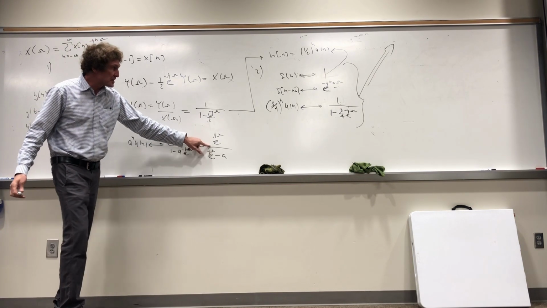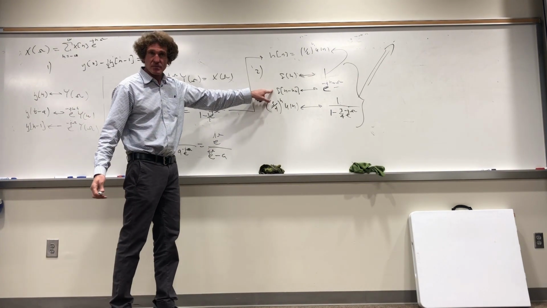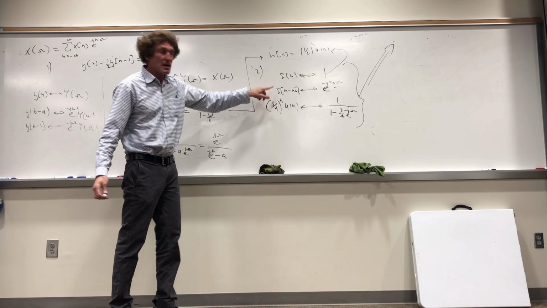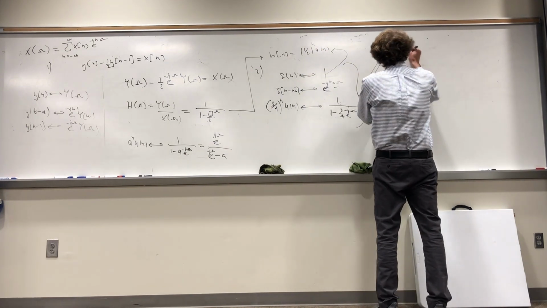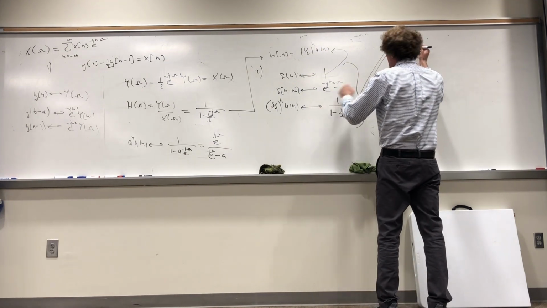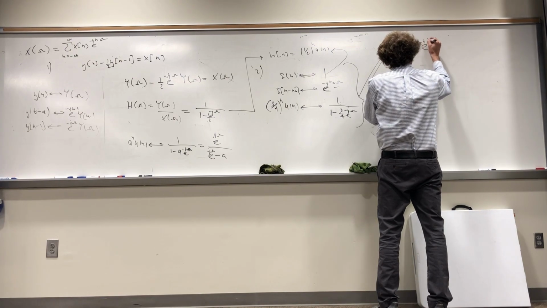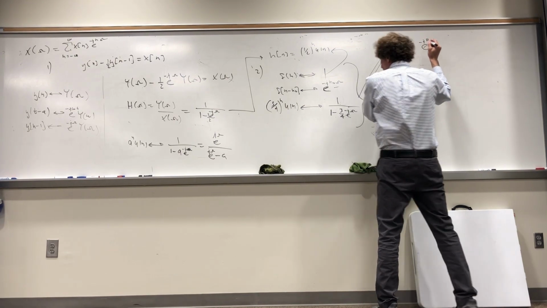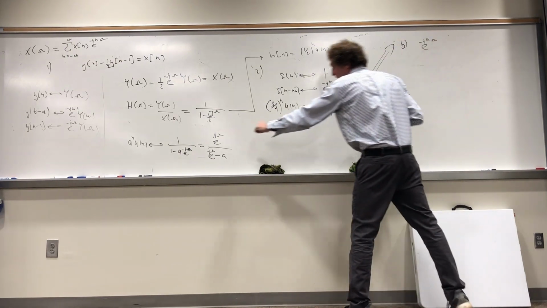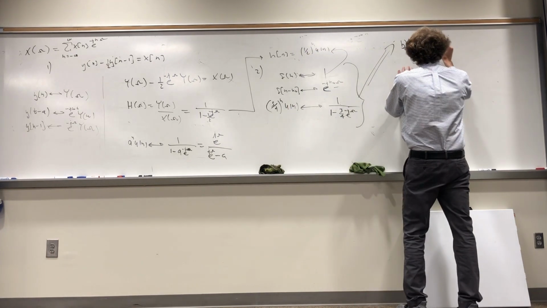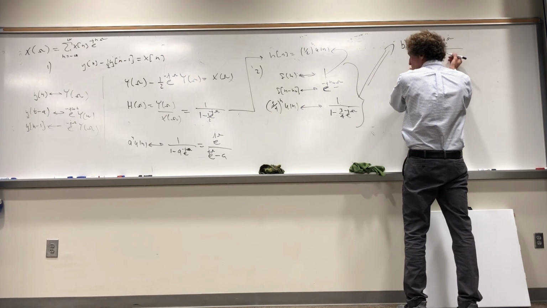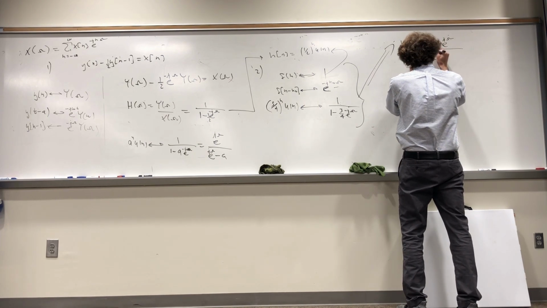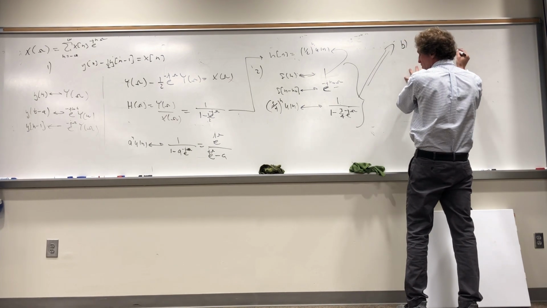You're just taking this times this. Is everybody okay with that? So if you did this, we'll do it for the second one. This is for part B here. If I take e to the minus j n omega, and I'm going to multiply it by this function, that would be 1/2, right?